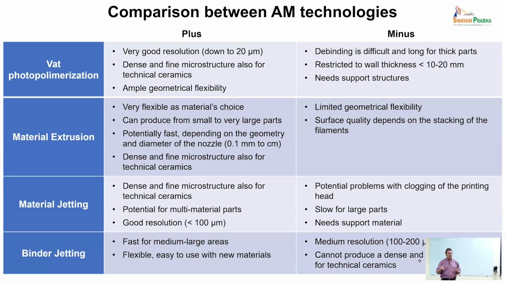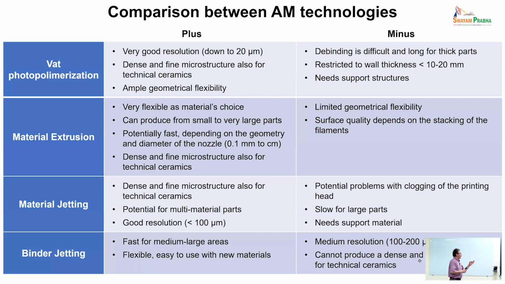If you conceive of a geometry, you also need to design a continuous path for the printing head that will lead you to that specific geometry. And this, for certain geometries, is not possible. So this makes the material extrusion technologies more limited from the point of view of geometry.